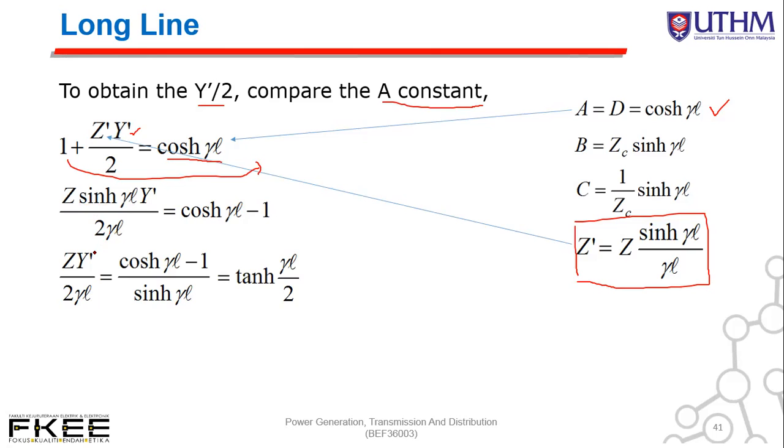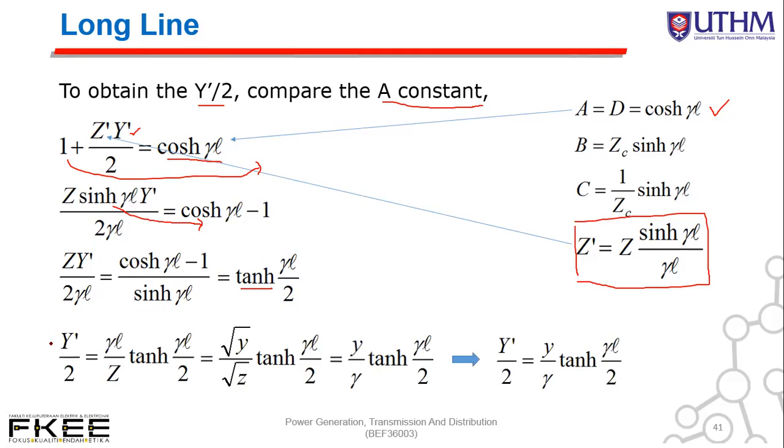Further, we simplify this equation. Sinh we bring here, so we get Z Y prime over 2 gamma L equal to cosh gamma L minus 1 divided by sinh gamma L, equal to tanh gamma L over 2.